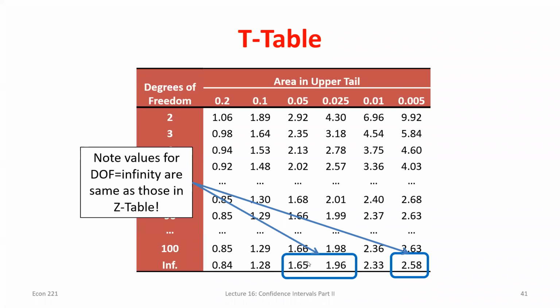Now, another thing to mention is, remember I said as the sample size gets larger, over 100, we get a student t-distribution that gets closer and closer to looking like the standard normal distribution. So if we could have a degrees of freedom of infinity, which in practice is impossible, we can't get a sample size that has an infinite number.